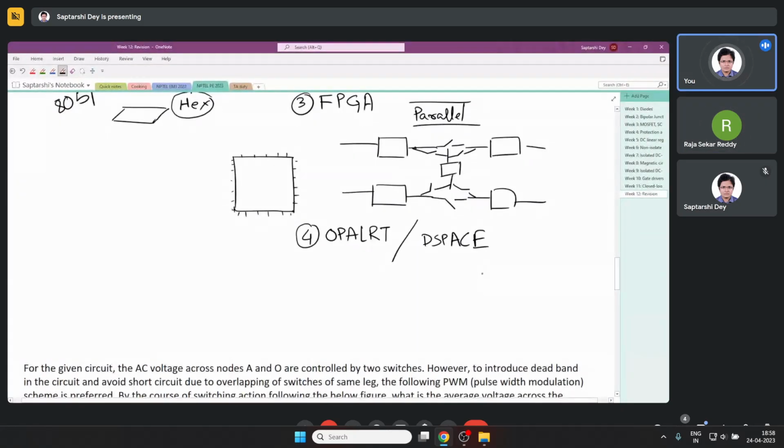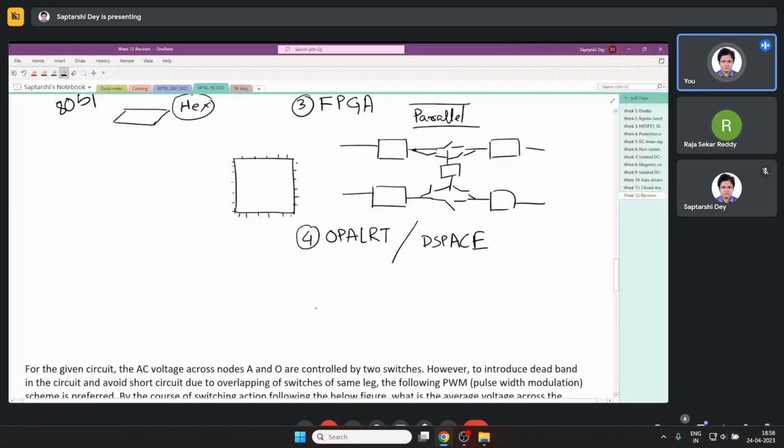So these things are very expensive. They are nothing but several DSPs inside them, several processors inside them. The processors themselves are fast and several processors work in parallel. So overall the system is very fast and it is extremely easy to control these things.